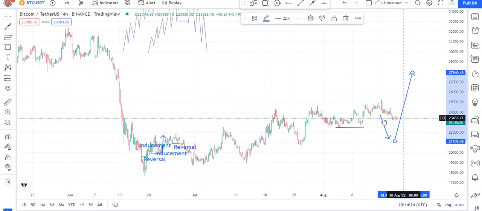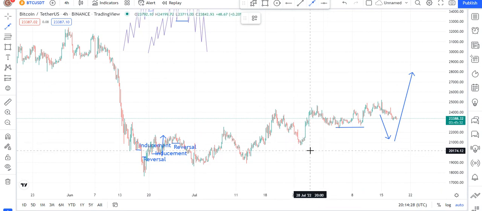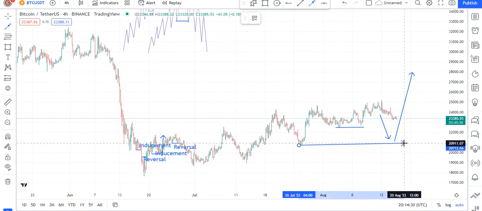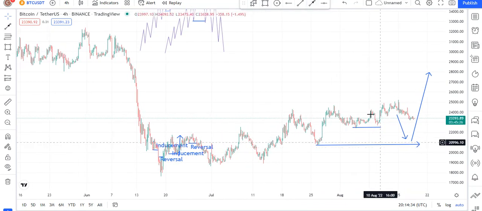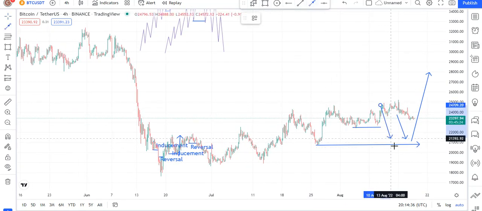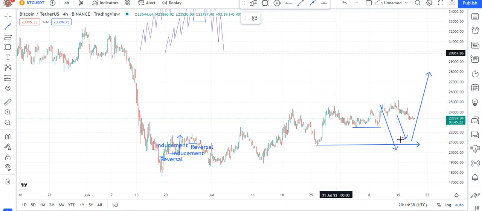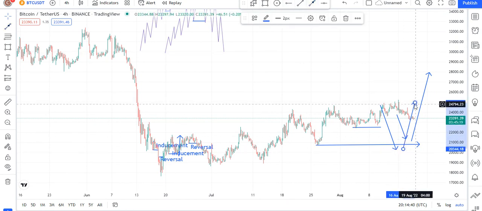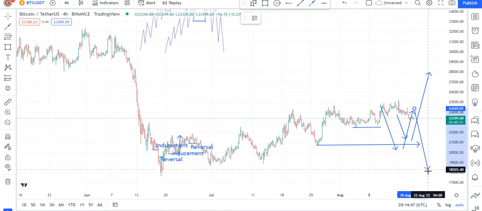But if this one is a strong leg, and price decides to go down like this and it starts going up, I will not look at this thing as a buy opportunity. I just look at it as an opportunity to sell later to continue the downtrend.